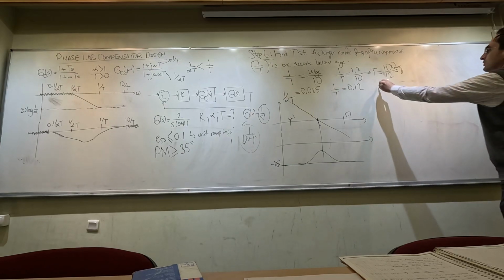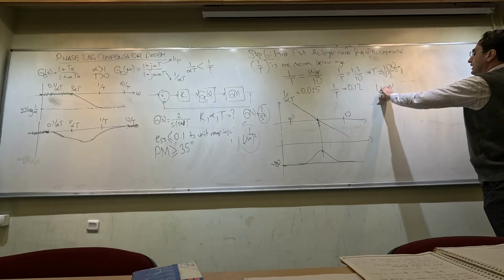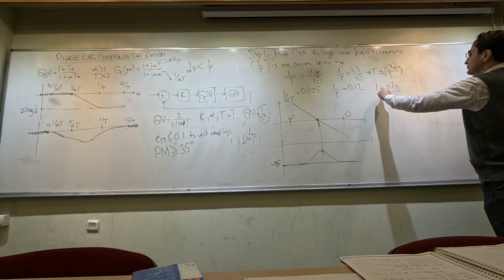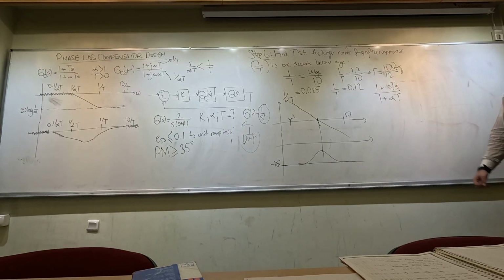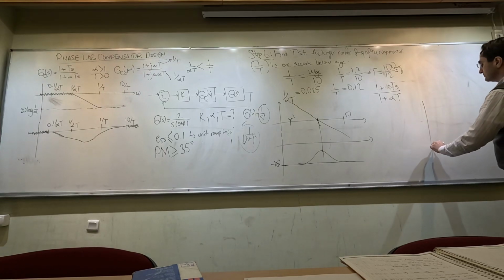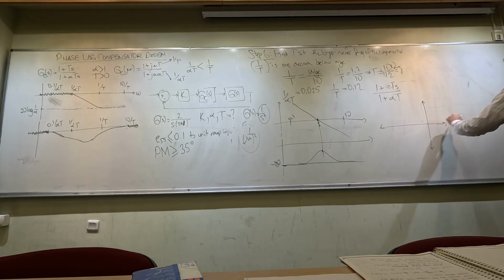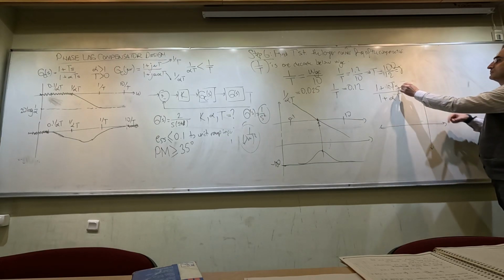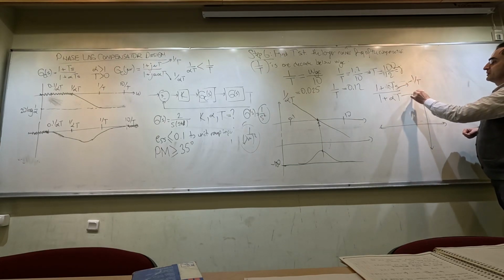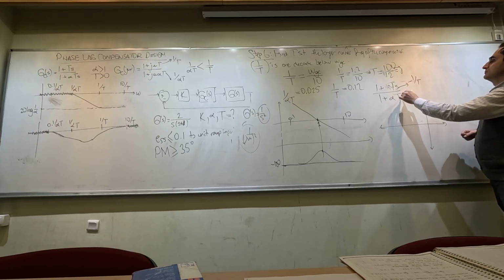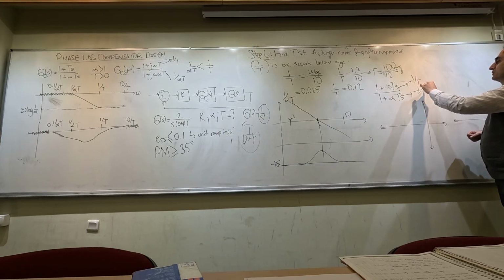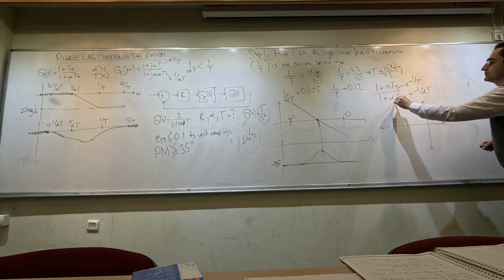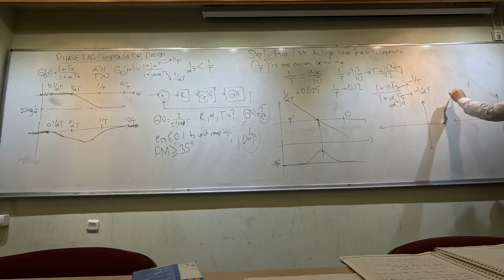So here, I have 1 plus Ts over 1 plus alpha Ts. Where are the poles and zeros of this thing? Where is the zero? Minus 1 over T. Where is the pole? Minus 1 over alpha T. In the phase lag compensator, alpha is larger than 1.